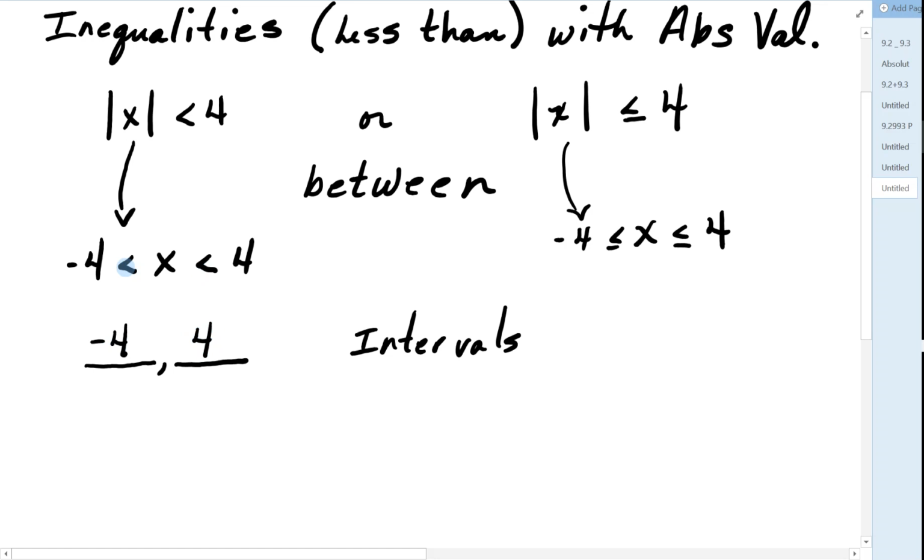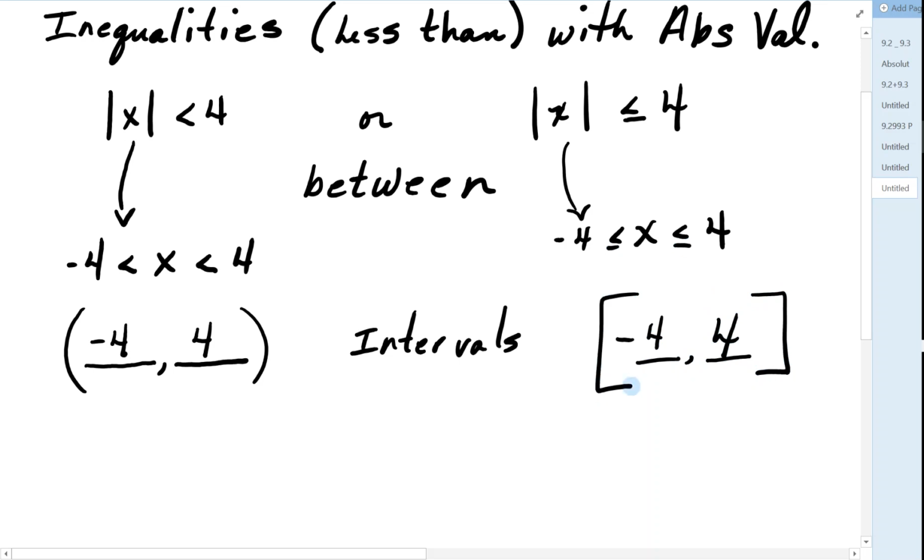If there is no equal sign, you put them in parentheses. This one goes from negative 4 to 4. But because there are equals, we have to have a different way of saying it's from negative 4 to 4, but the ends are included. And the way we do that is to use this square bracket instead.